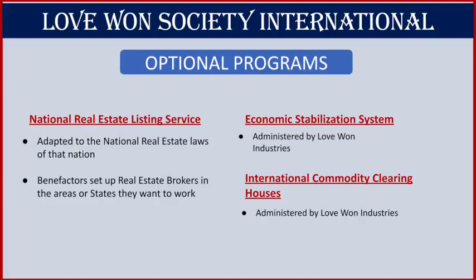Now let's be realistic. We're putting this money into everything that we do without any return required on us. Love One Industries is a part of Love One Society with the specific responsibility to do the economic stabilization system. And there's people who are in charge of that.